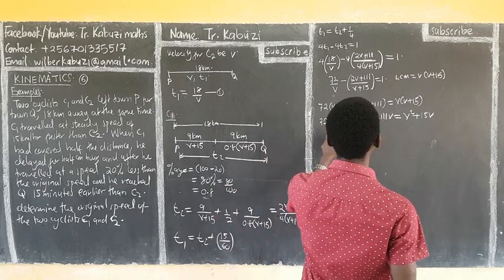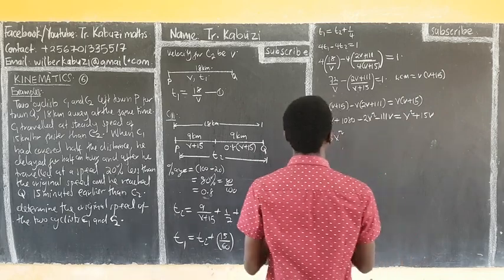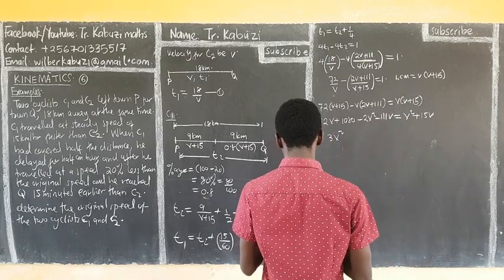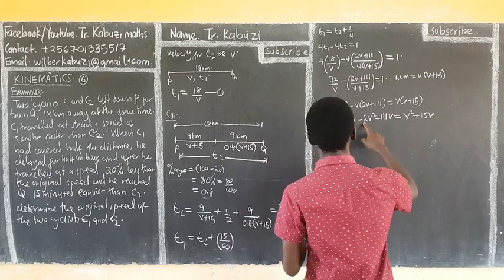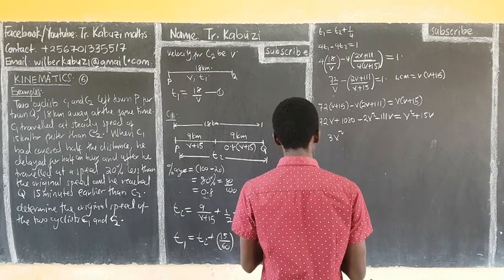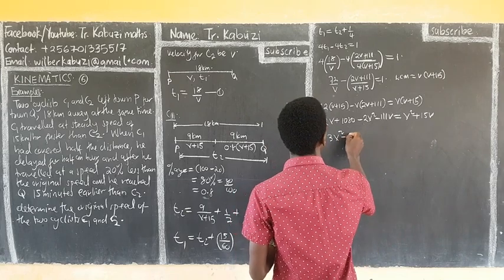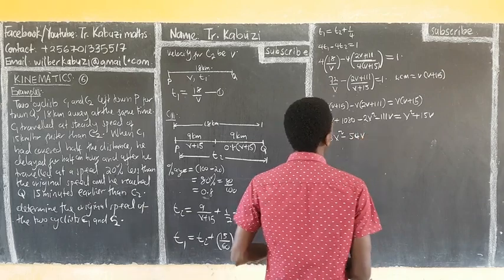This one we can reduce. 72 minus 11 minus 15, we get negative 54b.